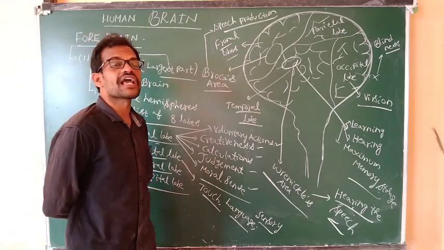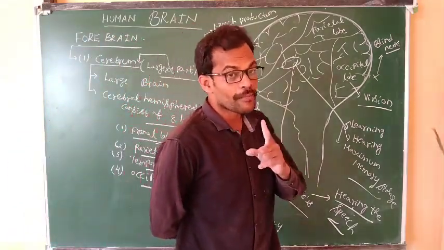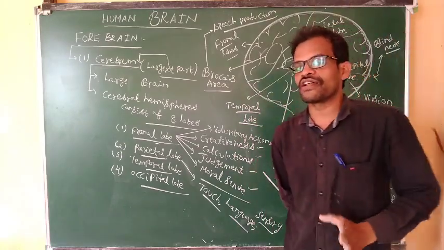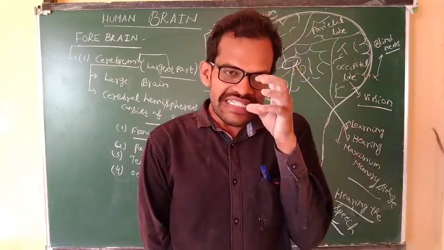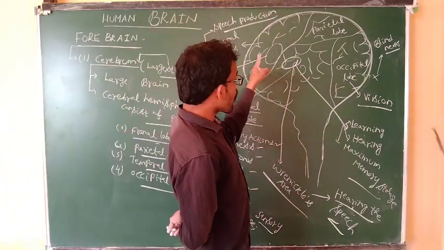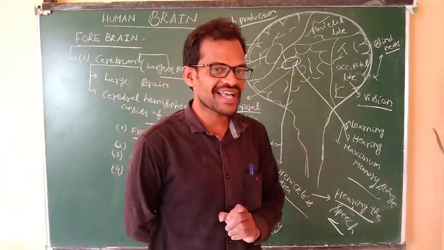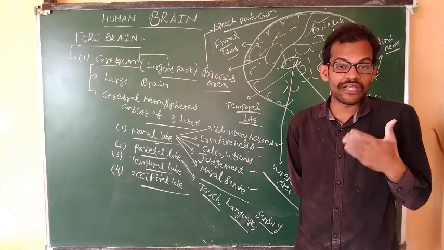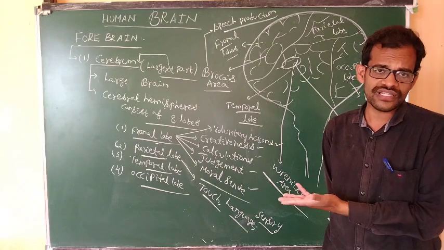But the frontal lobe has one important area, Broca's area, which is helpful to produce speech. Once Broca's area is damaged, you will not speak properly, because the neurons are damaged.